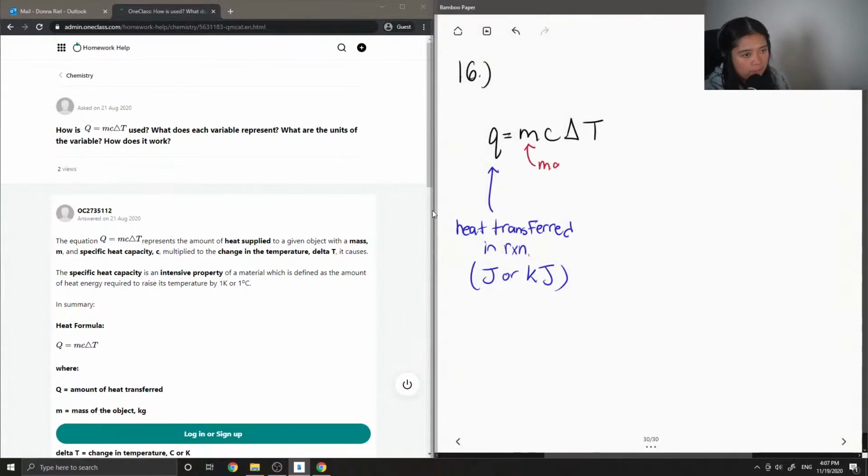m is for mass, and typically it is given in kilograms or grams.